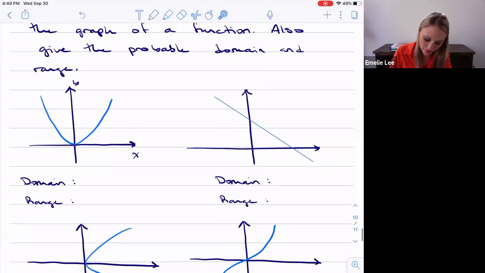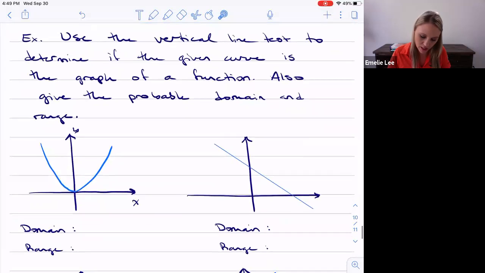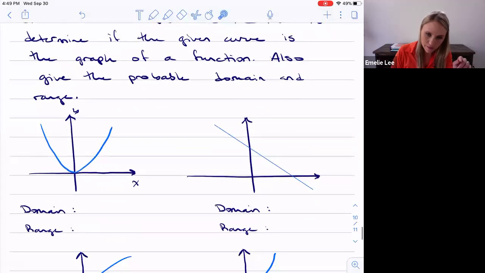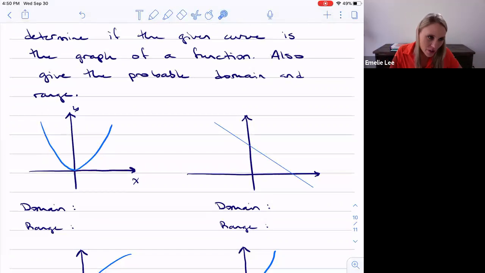All right, so the vertical line test, to check to see if we even have a function, says that every vertical line passes through the graph of a function in at most one point, right? So here, if I draw vertical lines along here, it looks to me like if this function keeps behaving the way that it looks like it's doing, then this would be a function, right?